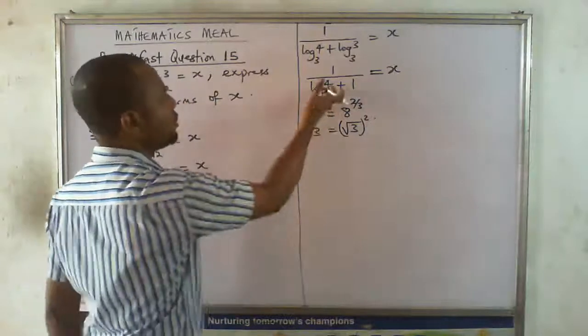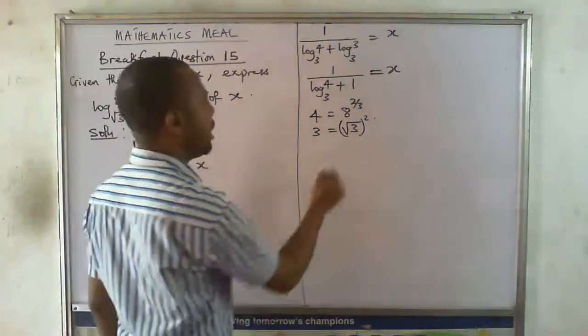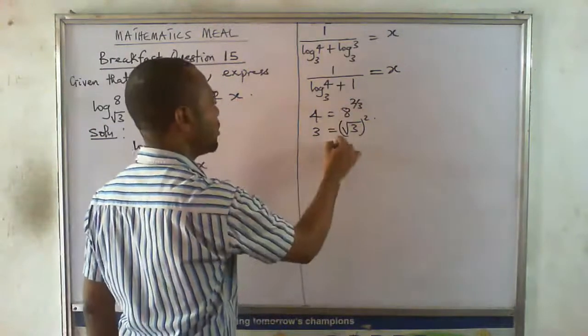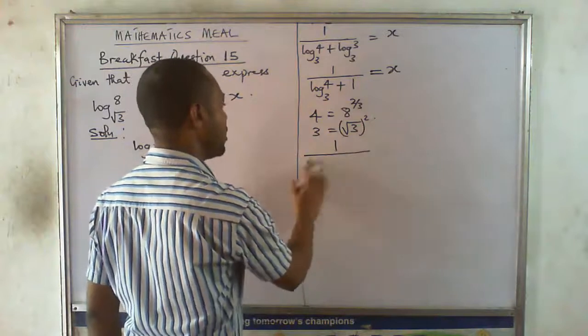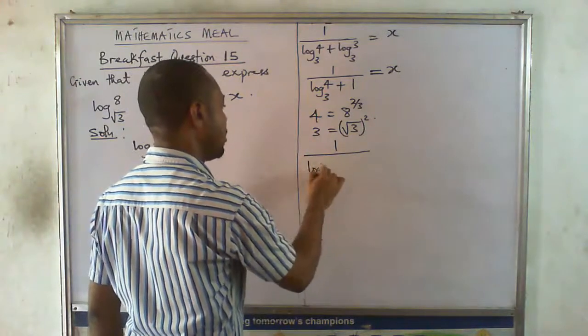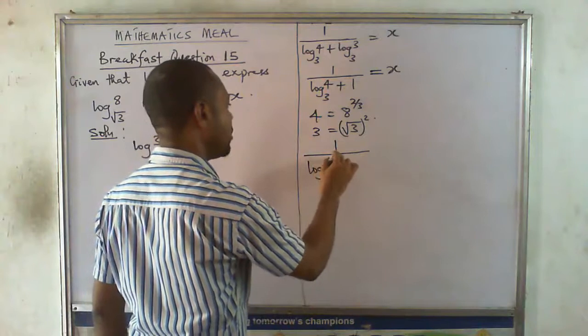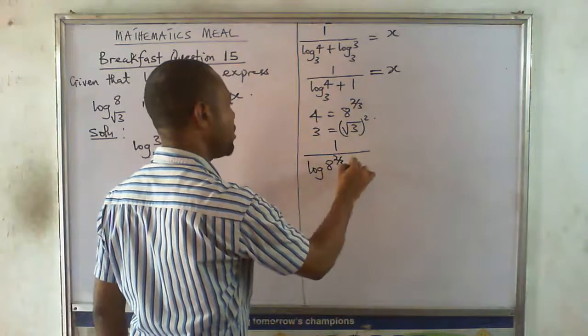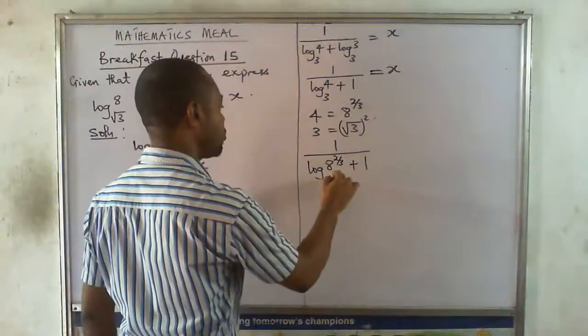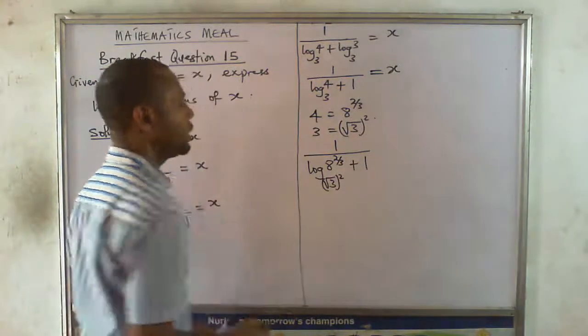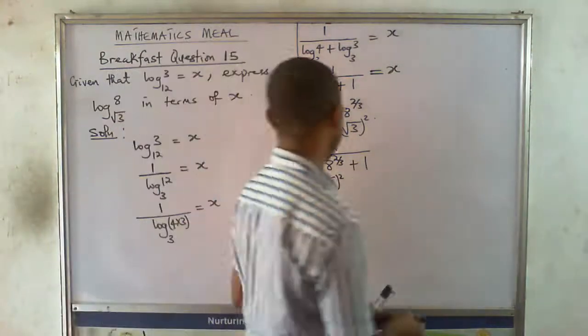So substituting that here, I'm going to have 1 divided by log 8 raised to power 2 over 3 plus 1. And here, instead of 3, I have square root of 3 squared. This is beautiful.